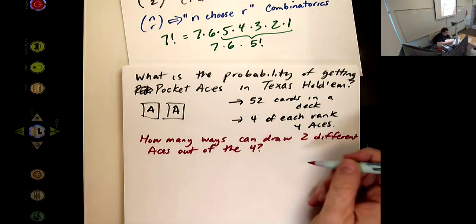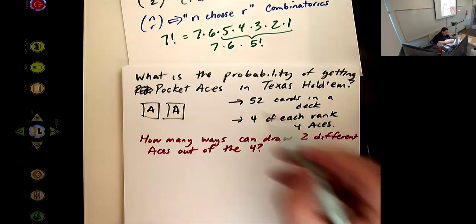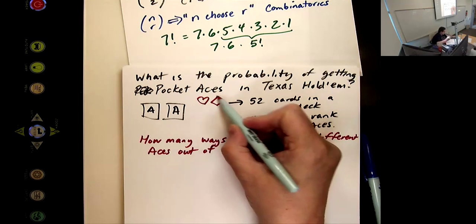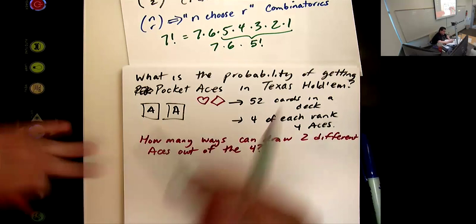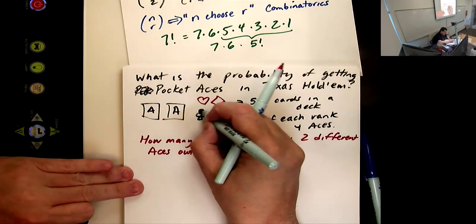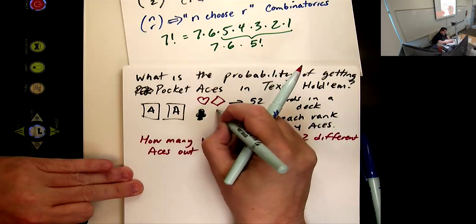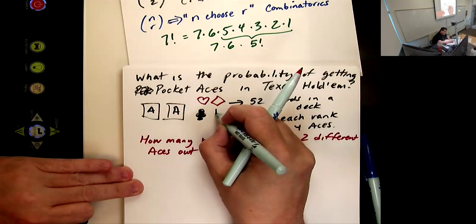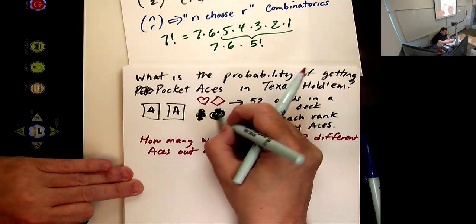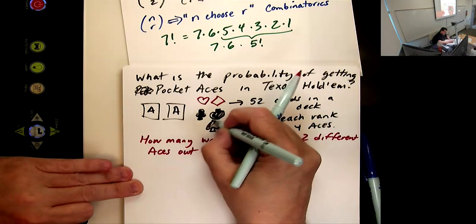Because each different combination counts as something different. You have hearts, you have diamonds, those are the red cards. You have clubs. And you have spades.